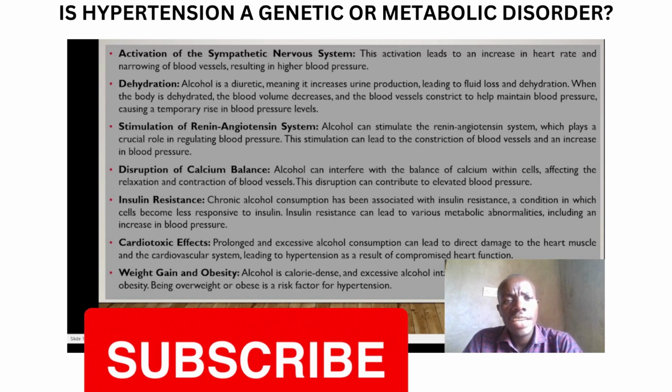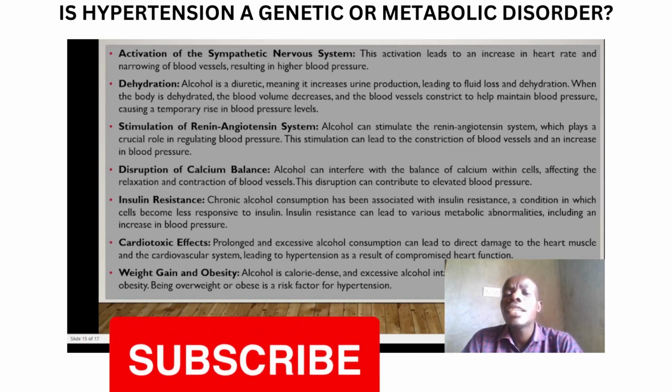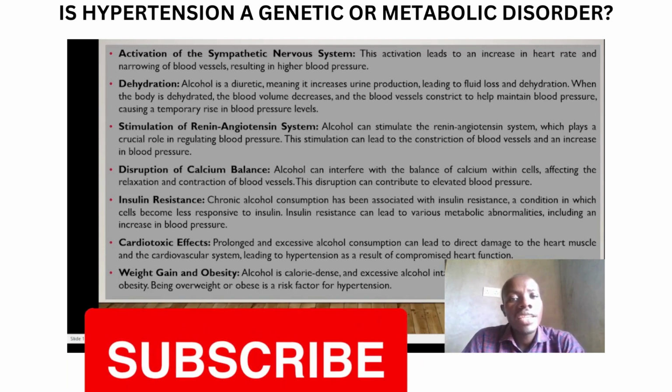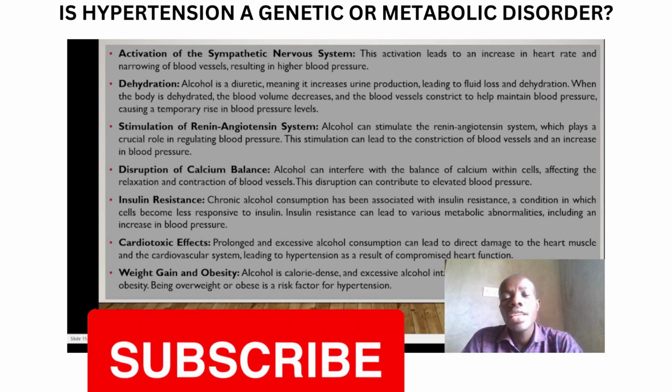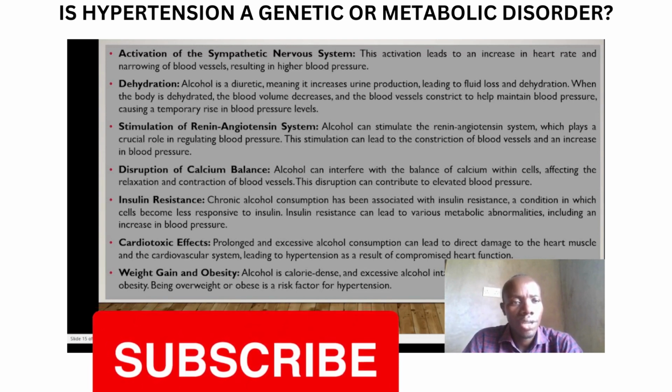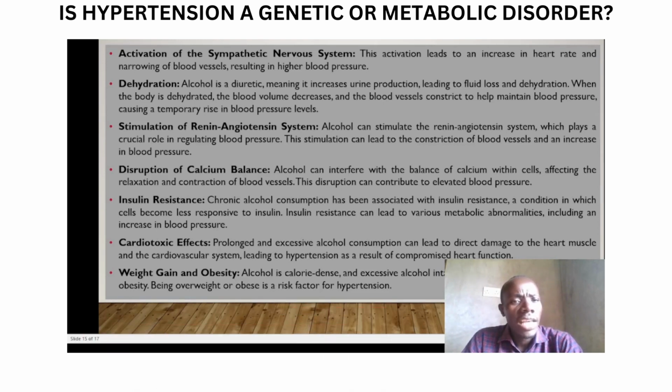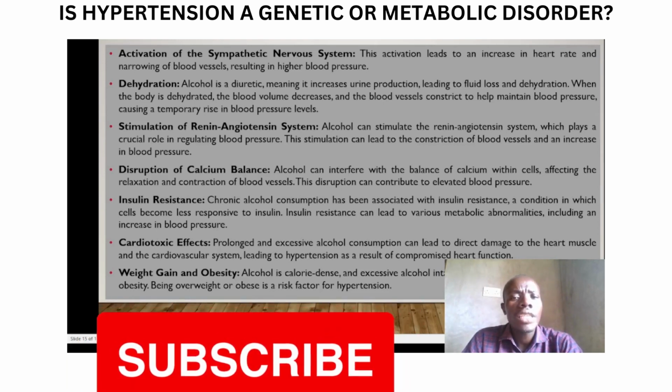Alcohol is a diuretic, which means it leads to increased urine production. And increased urine production will lead to fluid loss and dehydration. So the body is dehydrated, the blood volume also decreases. So blood vessels normally constrict, and when they constrict, this is to maintain blood pressure.